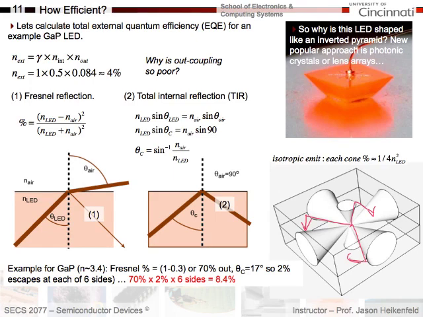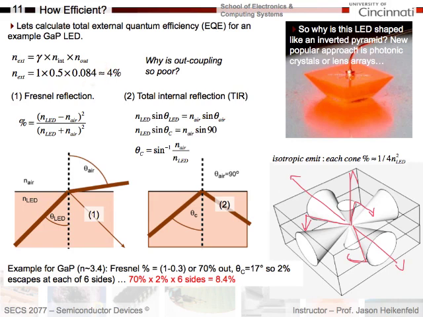If it's inside the cones, it gets out. Okay? And you could do a derivation on this, and I've done it before, but I won't do it here. Using this equation, you can derive that the percent of light getting out at each cone is 1 over 4 times the refractive index of the LED squared.